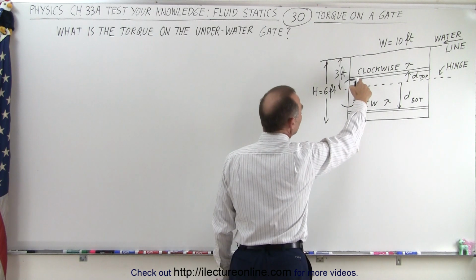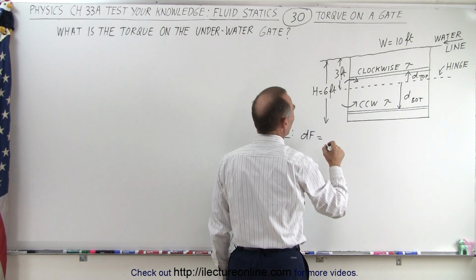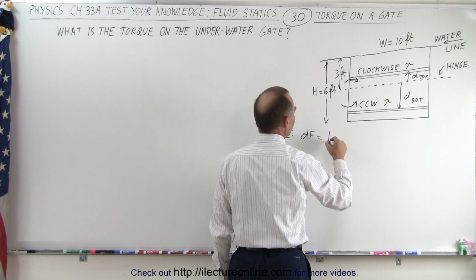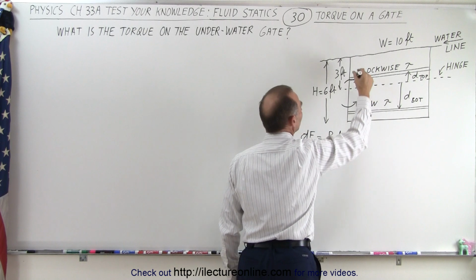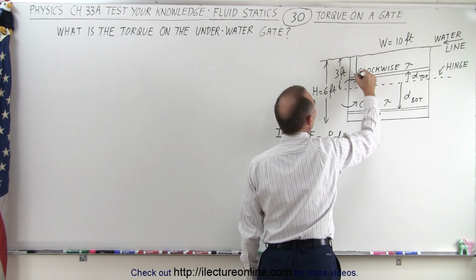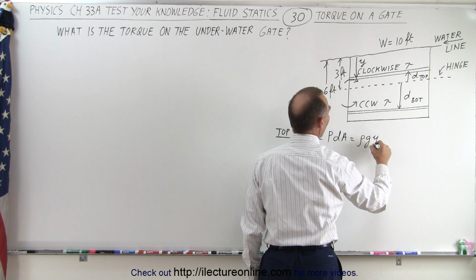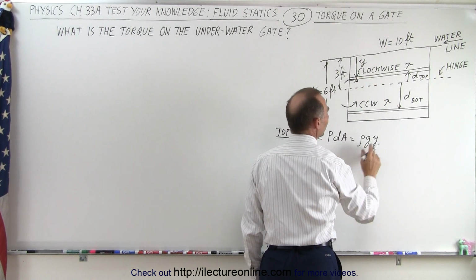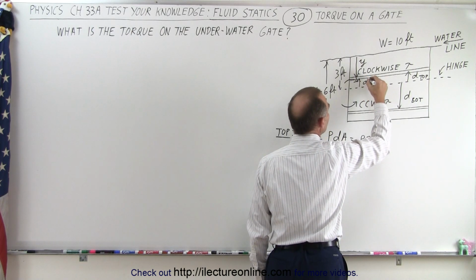And so to do that, we need the force on this. It's going to be a small amount of force, dF, which is going to be equal to the pressure at that point times dA. And the pressure at that point, that's going to be a distance y below the surface. So it's going to be rho g y, that's the pressure at that point, times dA, which is the width, times the height, which is going to be a dy.